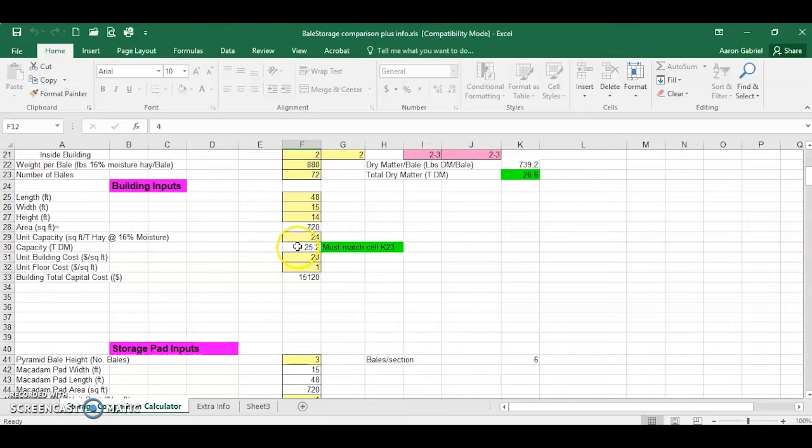It's going to calculate the capacity of that building, and then the unit cost per square foot for the building. And with that, you're going to have to do your own homework and figure out what your local costs are.